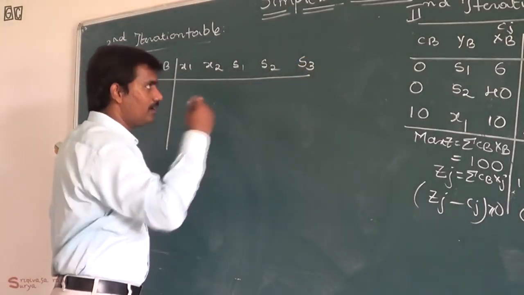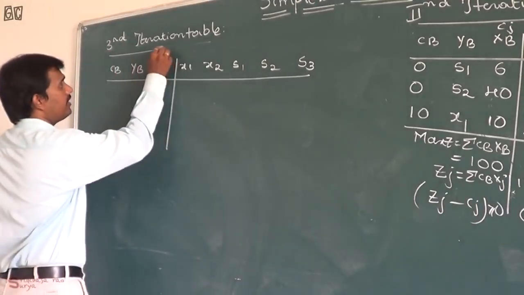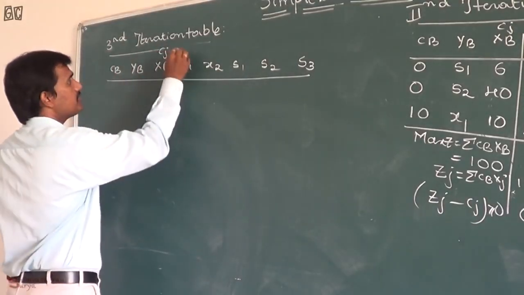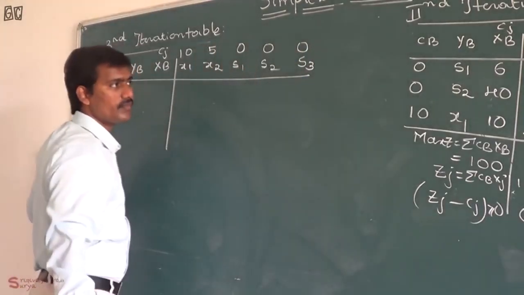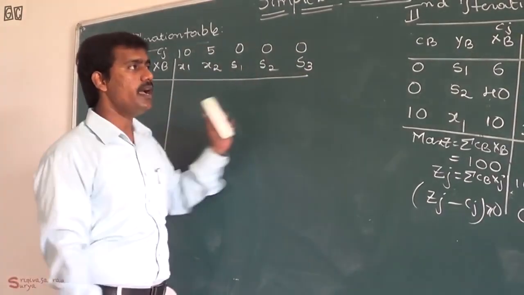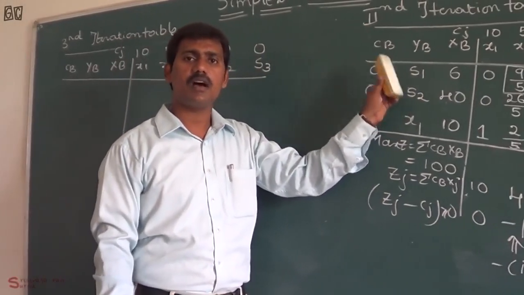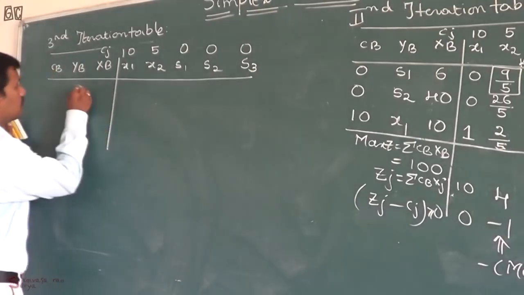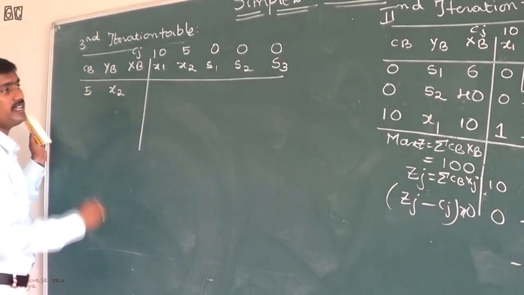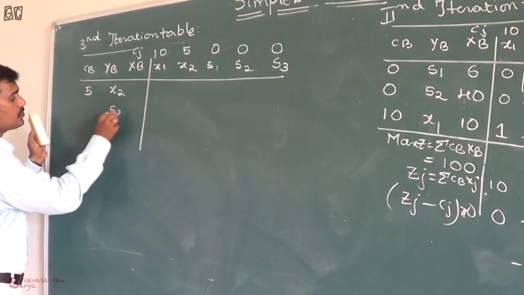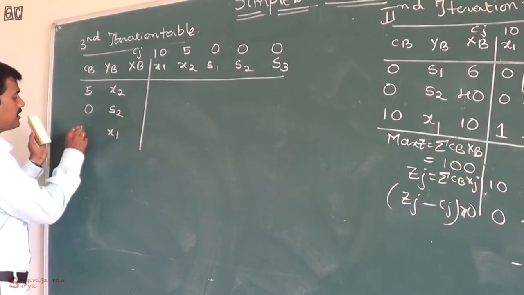Let's hope that in this table we are going to satisfy the net evaluation condition. And here we have Cj, that is 10, 5, 0, 0, 0. As I told you, x2 is the incoming vector, s1 is the outgoing vector, so x2 will be here. The cost of x2 is 5, and there are no changes for s2 and x1. The cost of s2 is obviously 0, and the cost of x1 is 10.